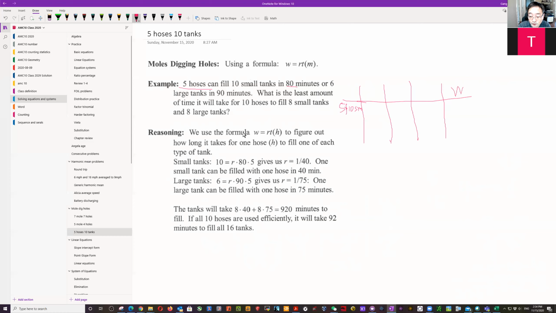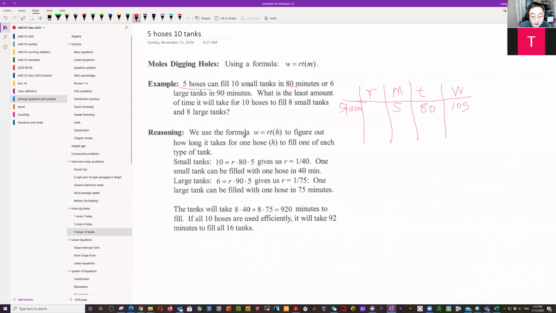So the work here is defined as 10 small tanks. And the multi-threading is at 5 holes, and the time is defined as 80 minutes. And this is the rate, the rate for the small tank.